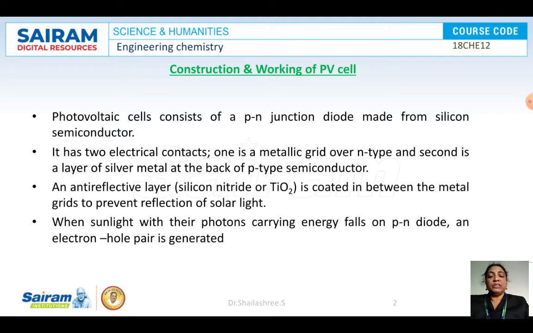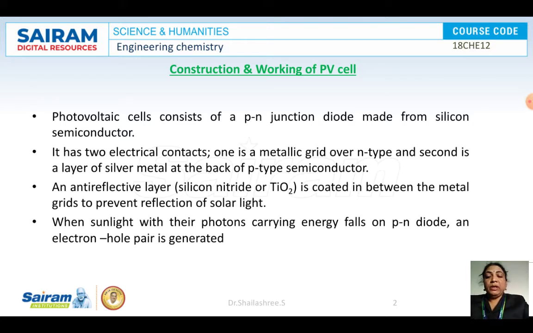Let us discuss the construction and working of solar cells. A typical solar cell consists of a metal grid at the top, over the N-type layer, and the second layer is silver or any inert metal coated on the back side of the solar cell.